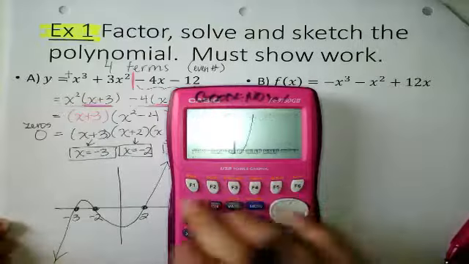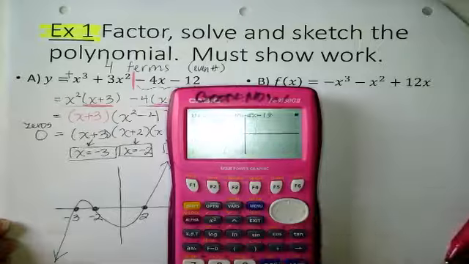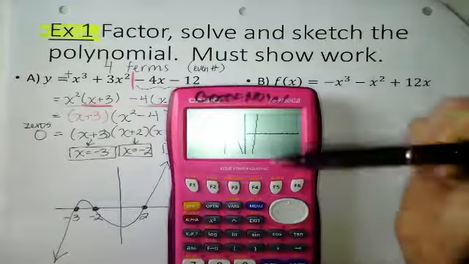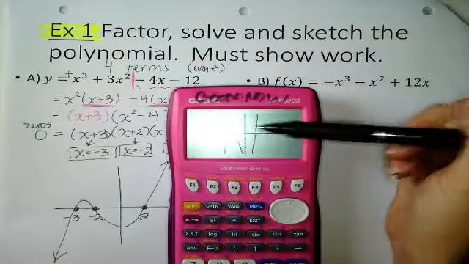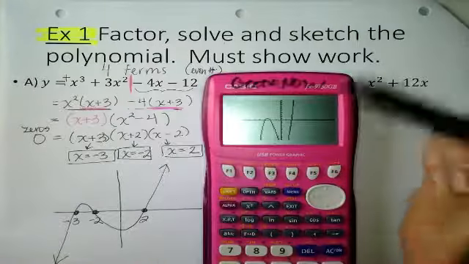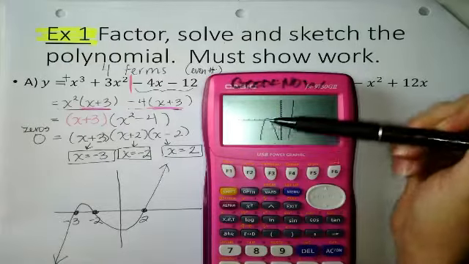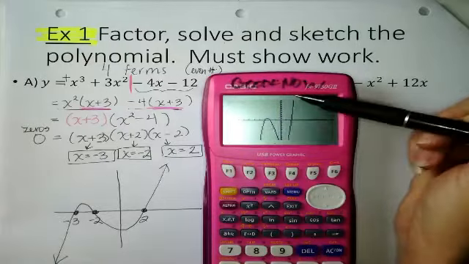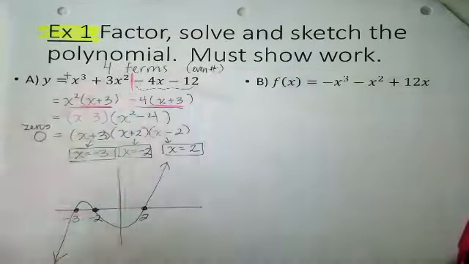Let me go back to my standard viewing window. Okay, so there you go. And so you can see how it's crossing through -3, -2, and +2. There you go. So there is our nice, smooth polynomial curve. We like to call these roller coaster curves. They're super fun.